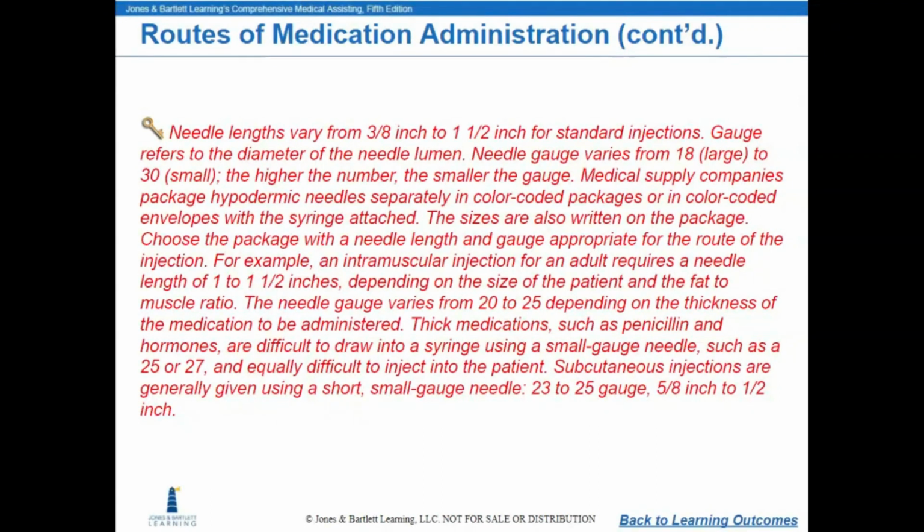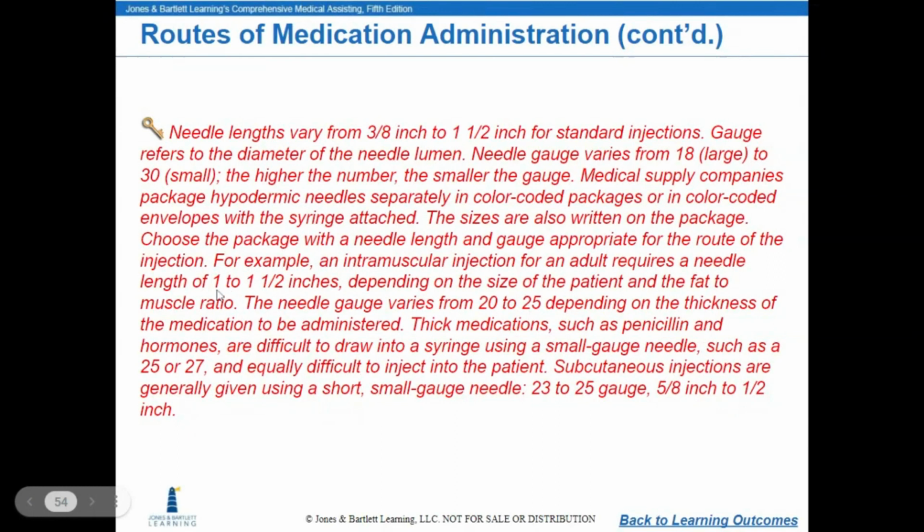It's very important to know the inches, okay, as well as the gauge size that you need, because let's look at subcutaneous. Subcutaneous injections, we can use a 23 to 25. However, the inches can range from 5/8 to a half an inch. And it matters because if I were to ask you, what injection can we give with a 25 gauge 1 inch?